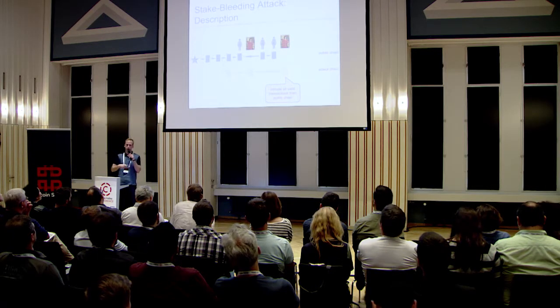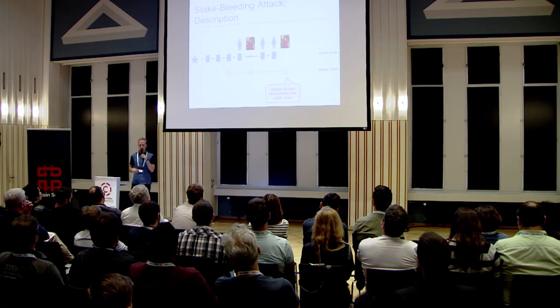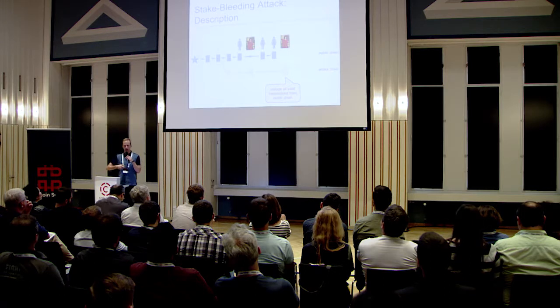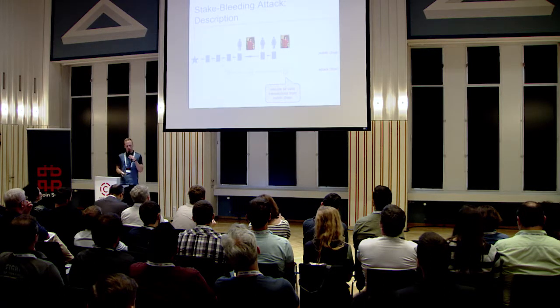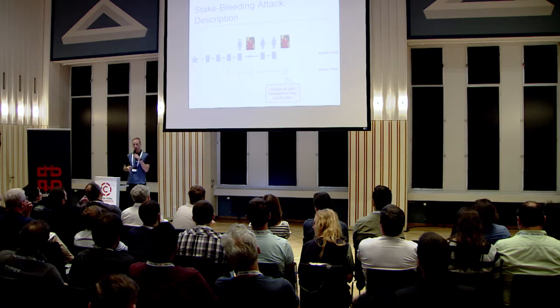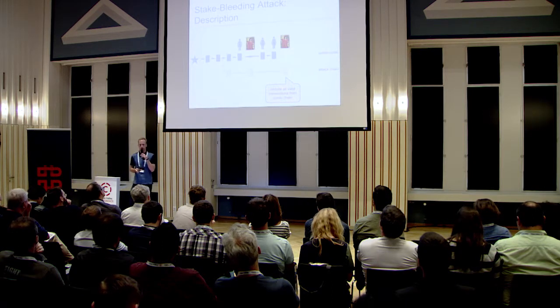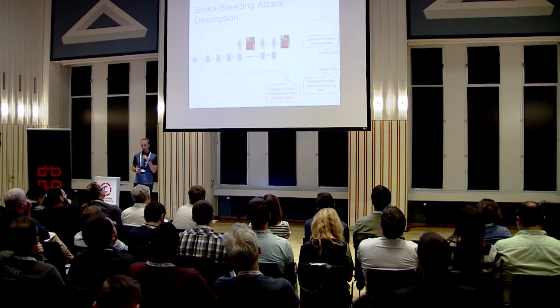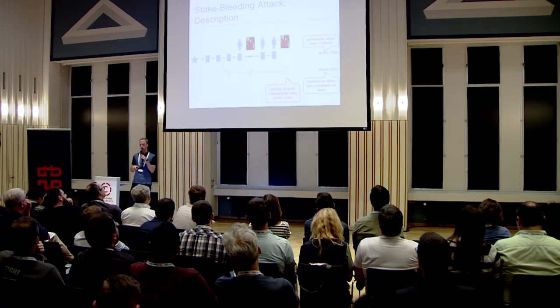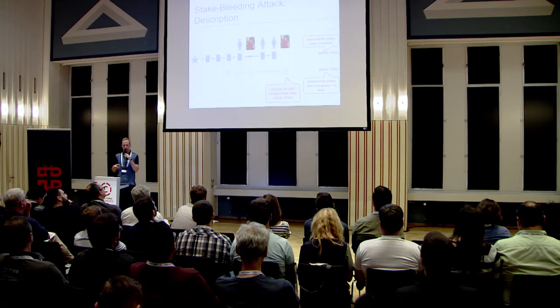So in the public chain, you have some normal flow of transactions that are happening. And the attacker is basically collecting these transactions and putting them into the blocks that he is creating privately for himself. And of course, cashing out all the fees for these transactions. While in the public chain, the stake ratio of the adversary is remaining constant.